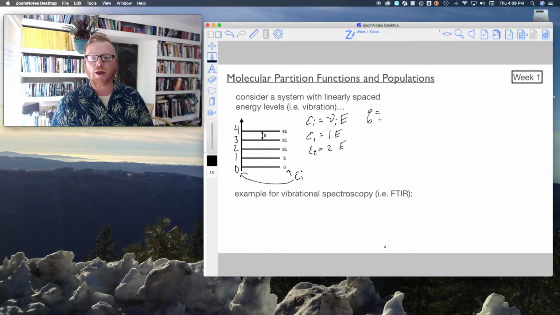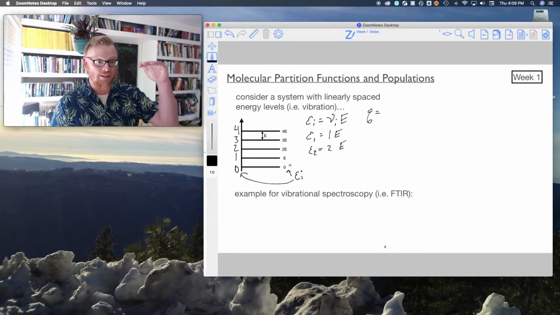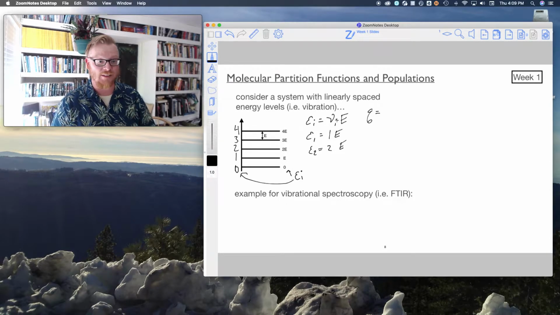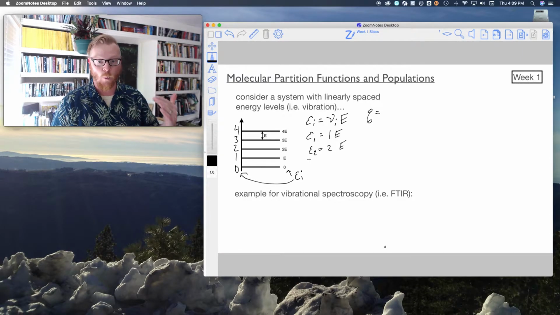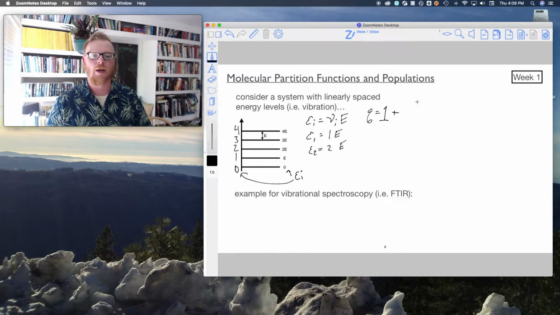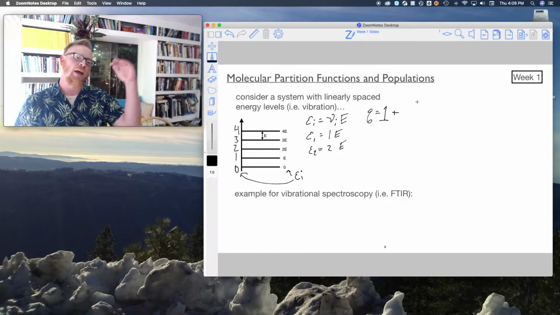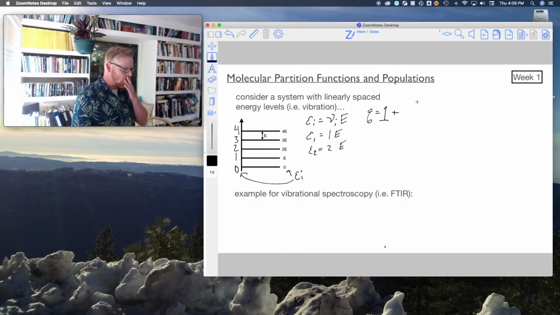So the first term I want to sum up is level 0, which is e raised to the 0 power, 0 times E, and anything raised to the 0 power is 1. So the very first term in my partition function is numero uno, 1.